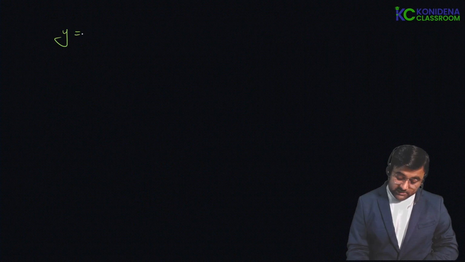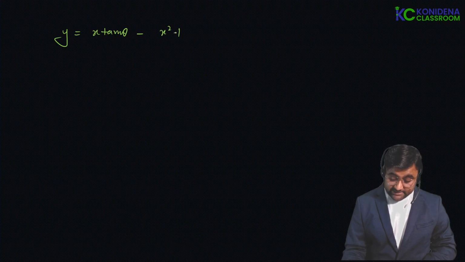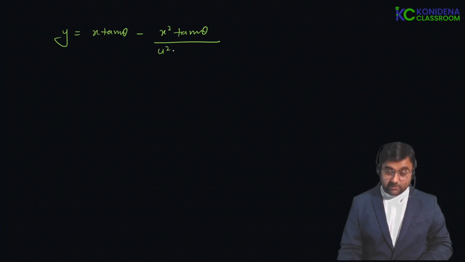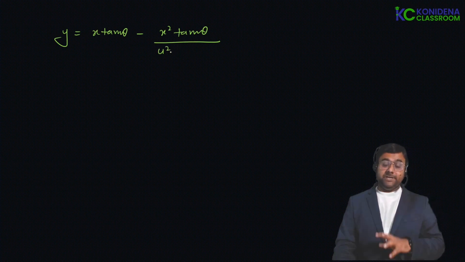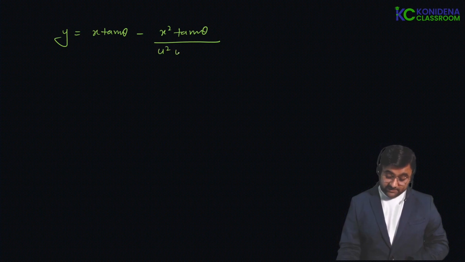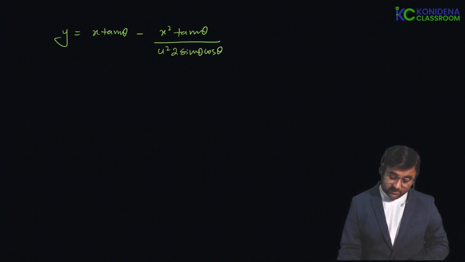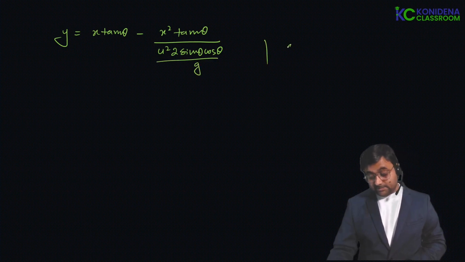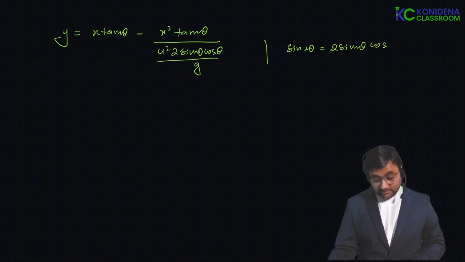Now let us see what we are going to get. y is equal to x tan theta minus x square tan theta by u square. Now 2 sine theta cos theta is what? That is sine 2 theta. Here we have taken u square, so we have 2 sine theta cos theta, that by g. So I'm going to take this formula: sine 2 theta is 2 sine theta cos theta.